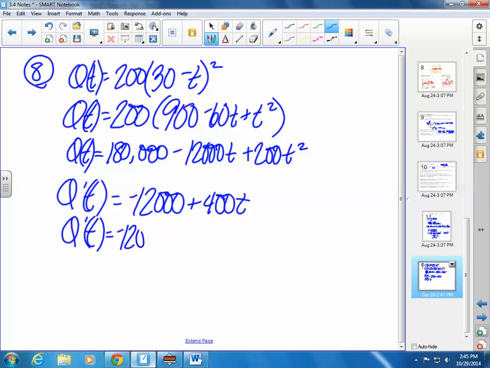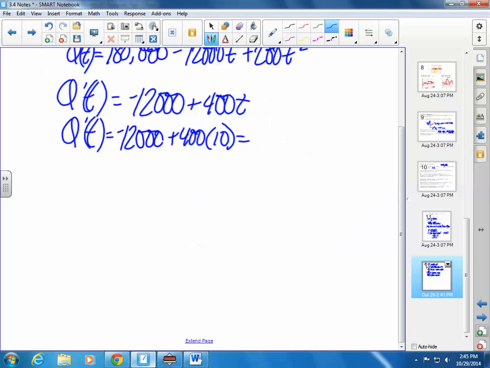Negative 12,000 plus 400 times 10 is what? Negative 8,000. So the rate of change is 8,000 gallons per minute.